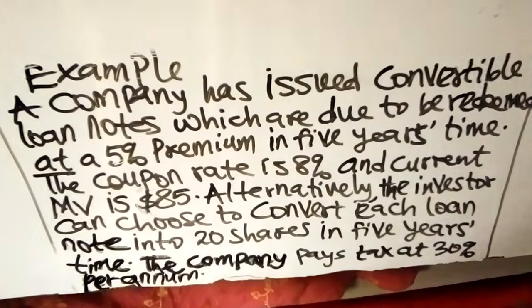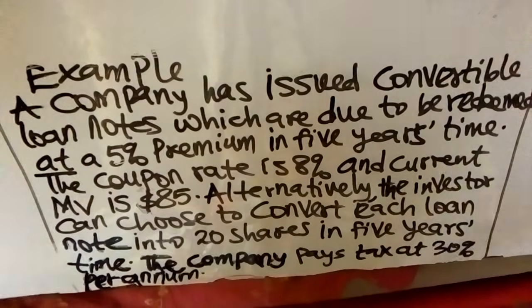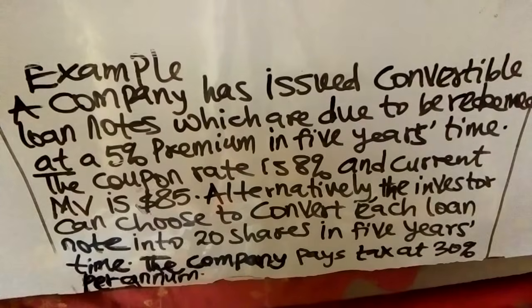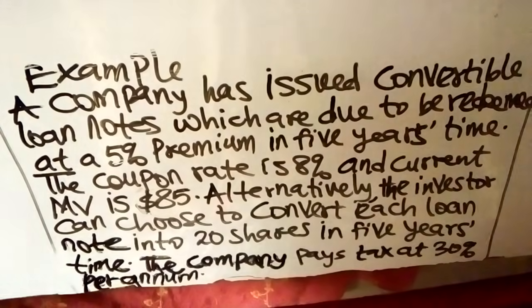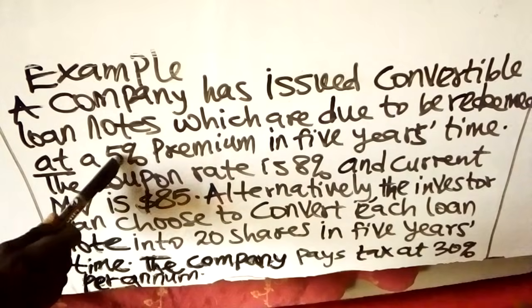So the first thing to do, I've told you that there are two things you have to compare: the cash option and the conversion option. If this debt is to be settled on maturity, how much will be settled in cash? So the redemption value will be at a premium of 5%.